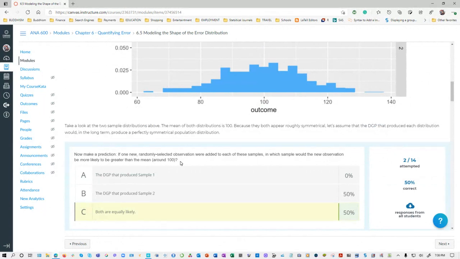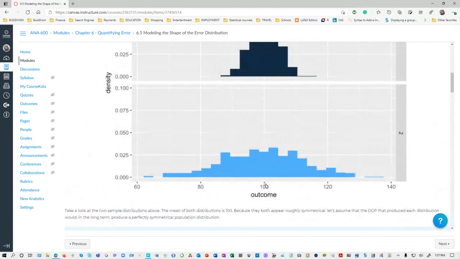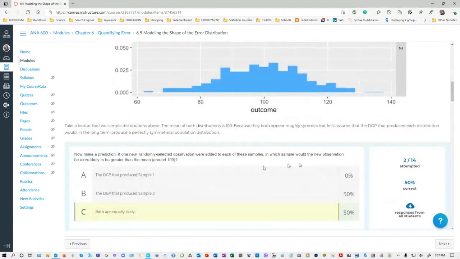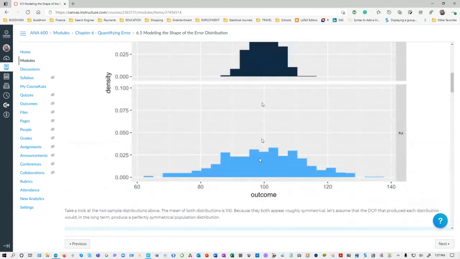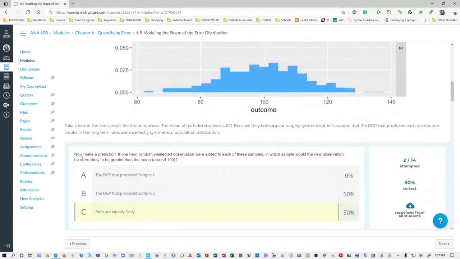That's why they ask the question: in which sample would the new observation be more likely to be greater than the mean?